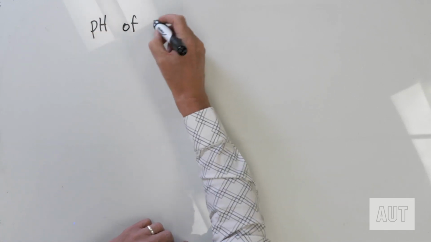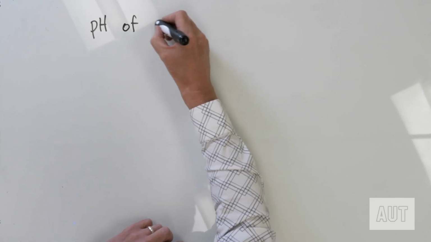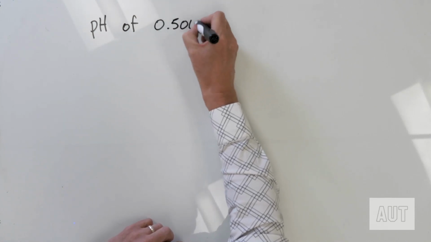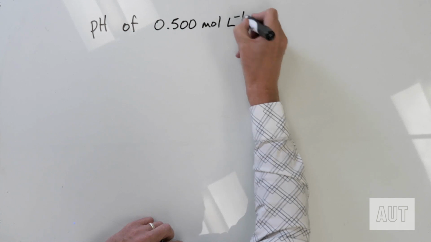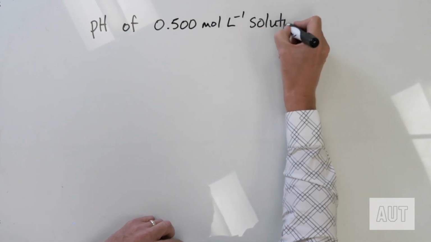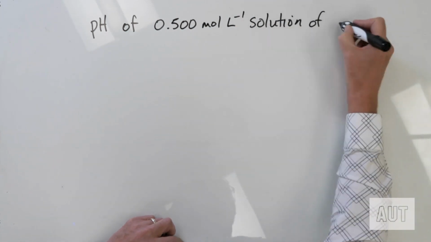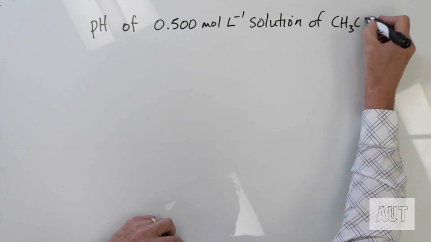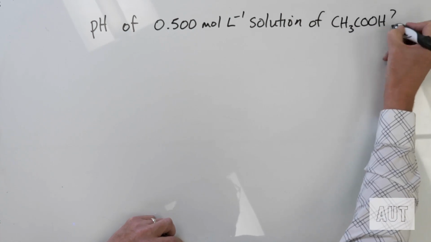Okay, our question we're going to answer today is, what is the pH of a 0.500 mole per litre solution of acetic acid, CH₃COOH, properly called ethanoic acid, if we want the proper IUPAC name.